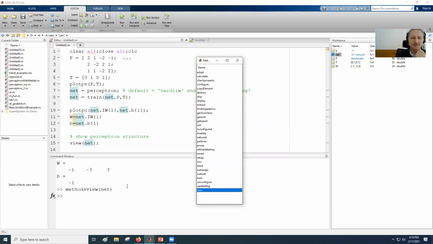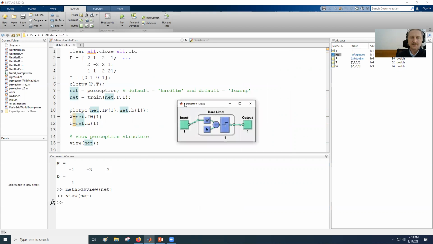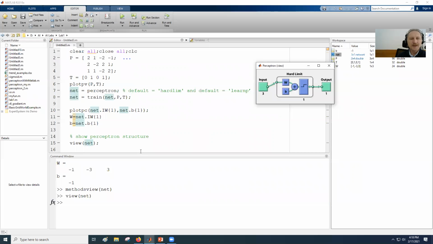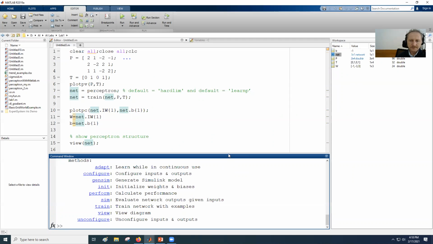View is very common, let's use view first. We know that one: viewNet. There are many available methods you can use together with this network object. Also, there is a disp here. We can guess it shows some information about our network. This information.